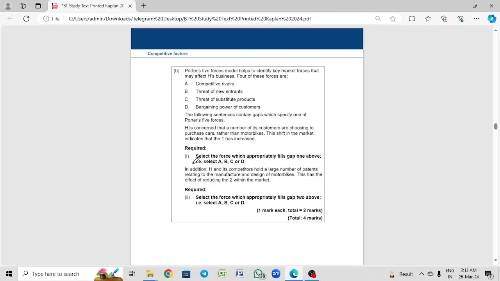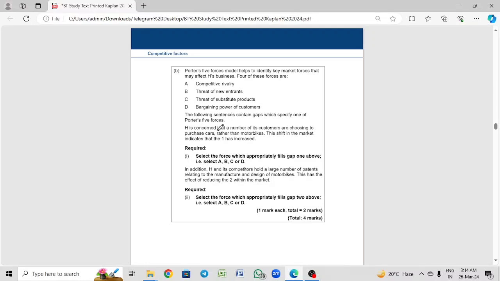The last question for this chapter. The Porter's five forces model helps to identify the key market forces that may affect its business. Four of these forces are competitive rivalry, threats of new entrants, threats of substitute products and bargaining power of the customer. The following sentences contain gaps which specify one of Porter's five forces.